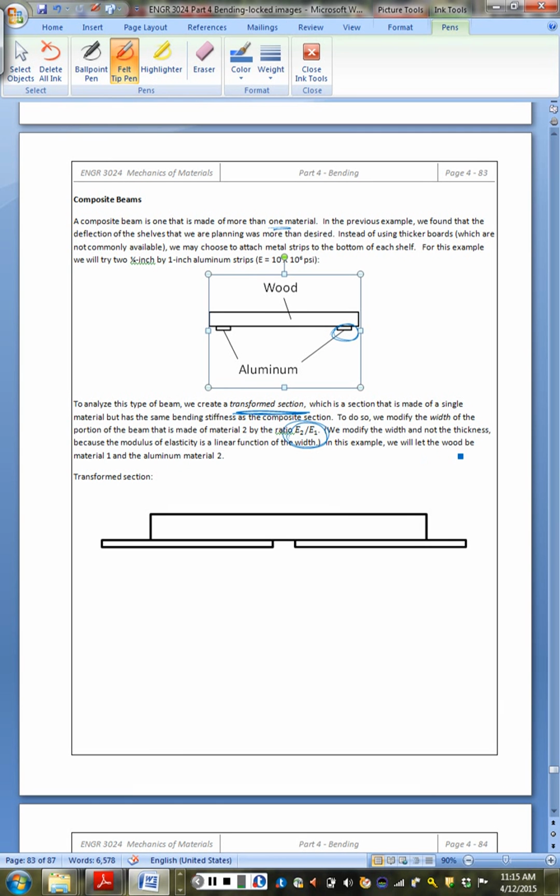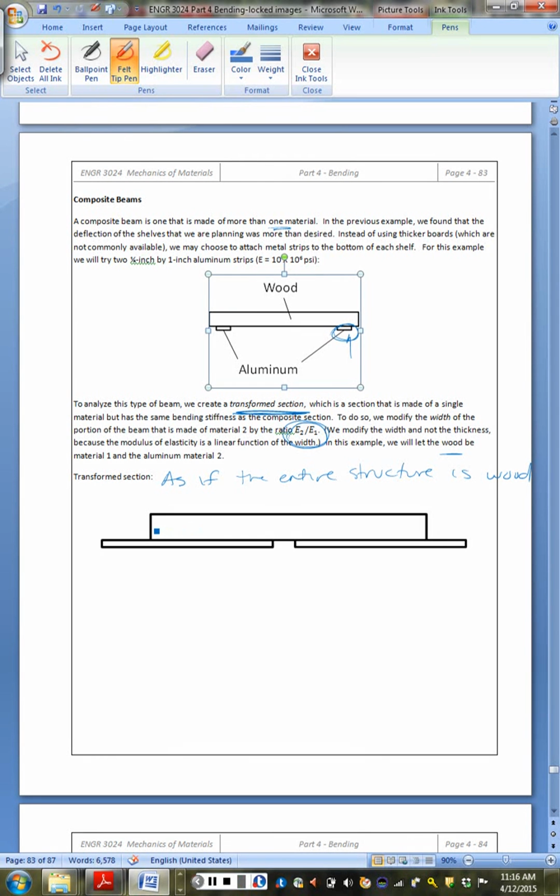So we're going to call wood material 1, we're going to call aluminum material 2, and we do this transformed section as if the entire structure is wood. We just make thicker sections of the support beams to account for the fact that we're really going to implement the small aluminum support rails.